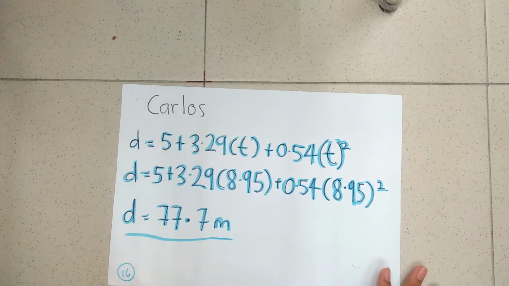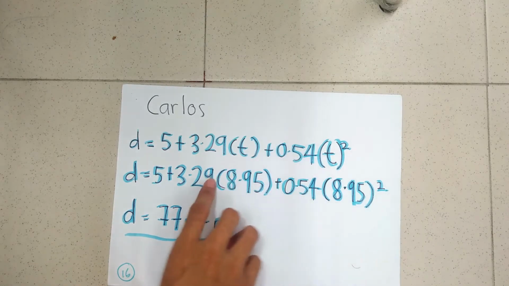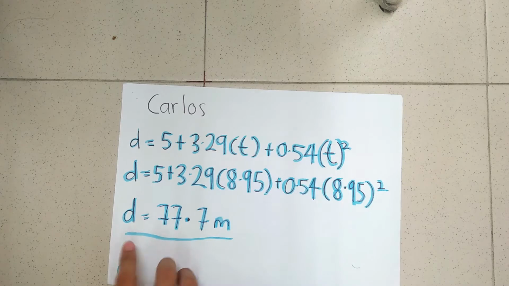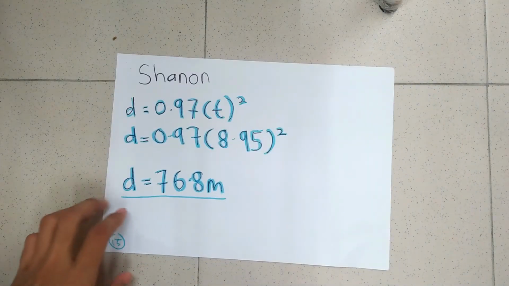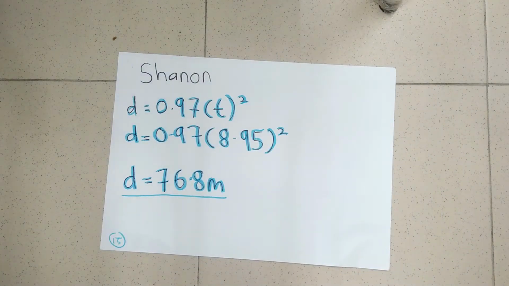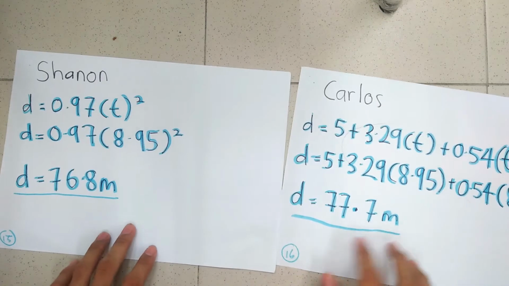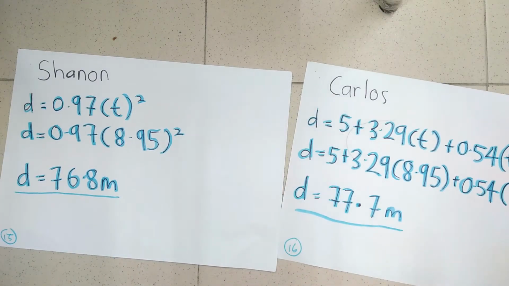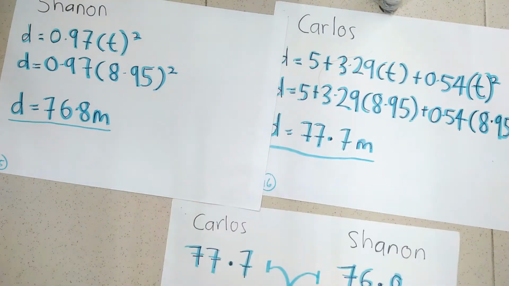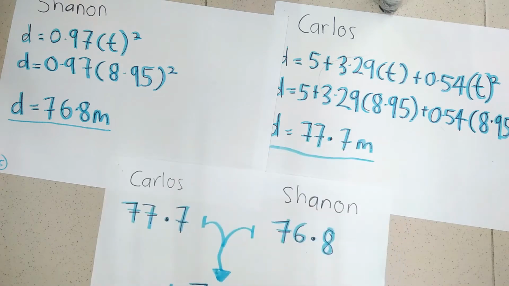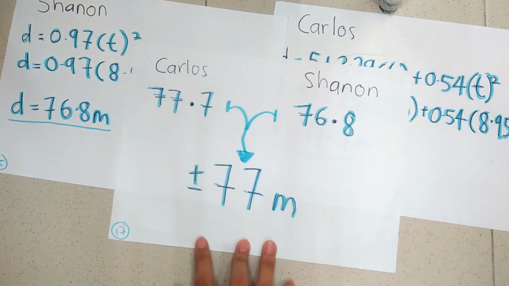We also put the time into the new equation for Carlos, and we get d equal to 77.7 meter. This is the Shannon distance, and this is the Carlos distance when Shannon and Carlos meet at the point. So we conclude that the distance is approximately 77 meters.